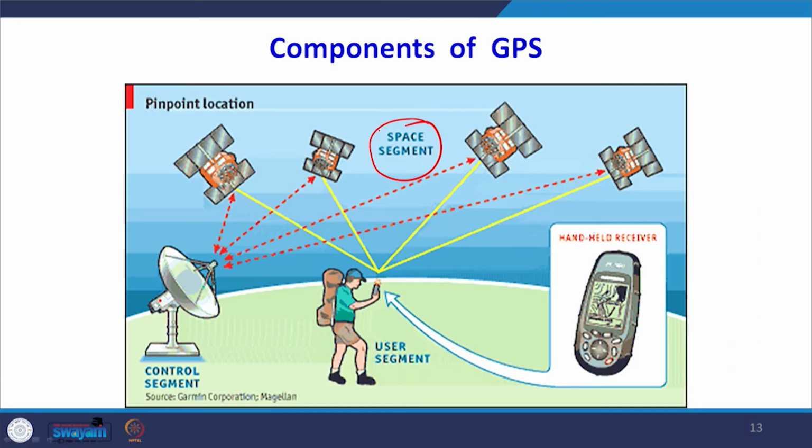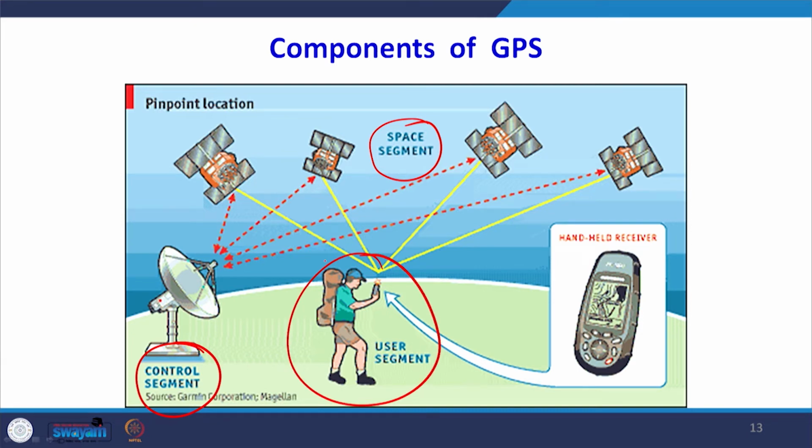In this diagram, I have shown all the three segments. In the space segment, 24 satellites are continuously moving in different orbits. Then we have a control segment on the ground. The data is received, there is a communication between the satellite and the control station directly, and then there is a user segment.